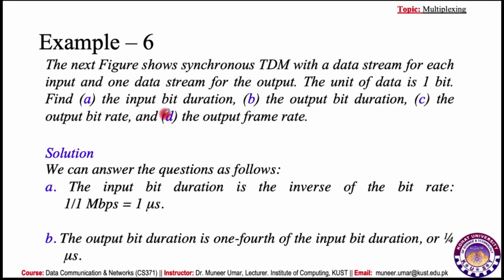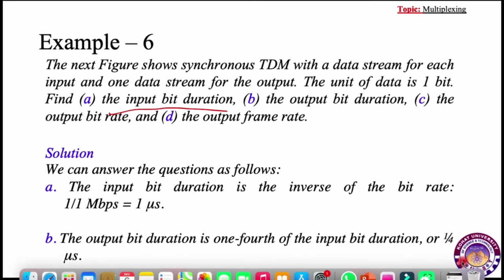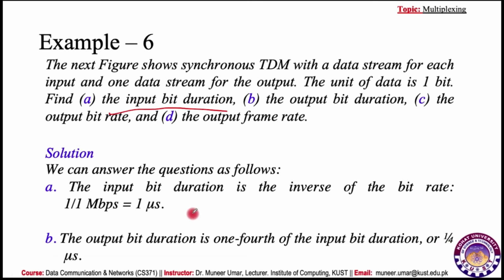Find the input bit duration, the first thing. So first check this one. The input bit duration is the inverse of the bit rate, 1 megabits per second. So the duration should be 1 divided by million, 1 microsecond, or 1 millionth part of a second.